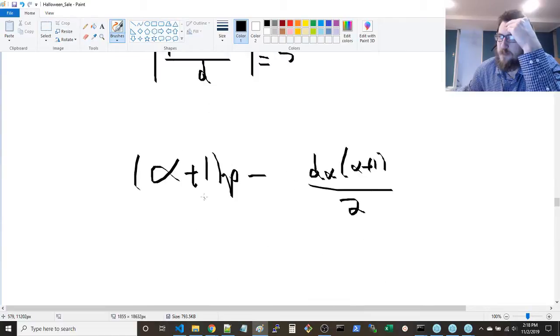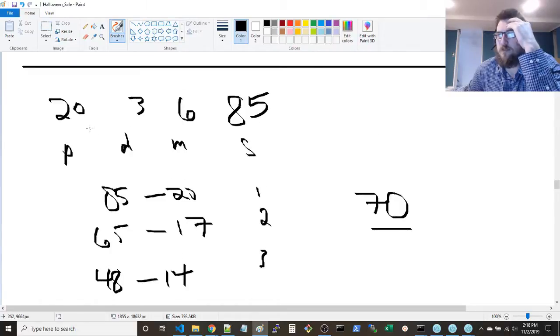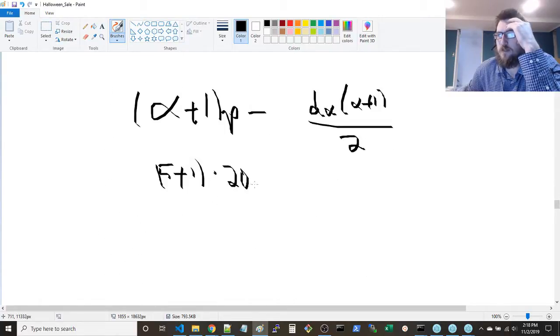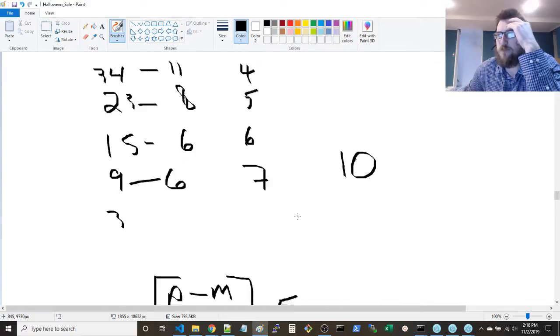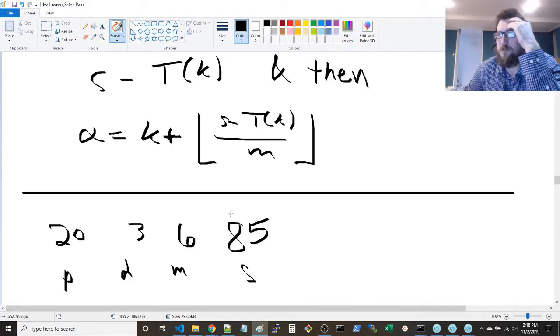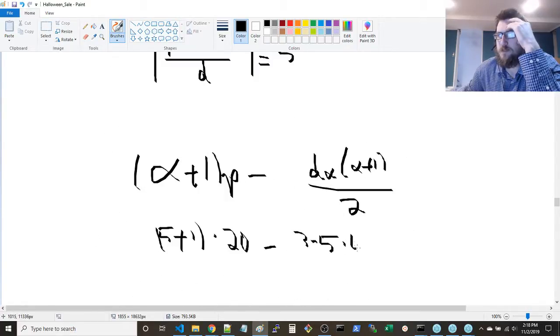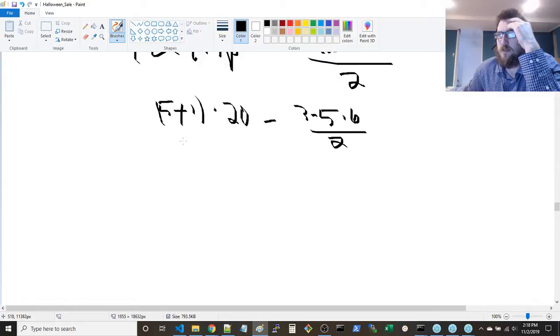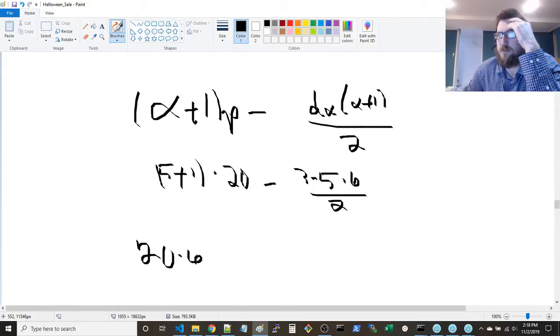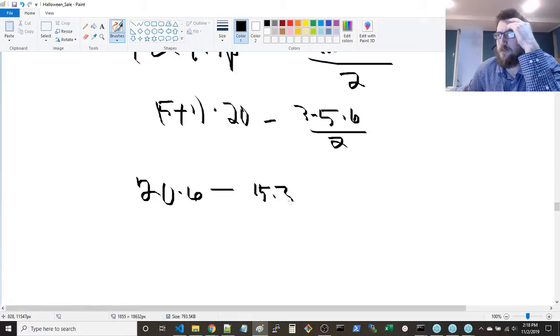So in this case, it's 5 plus 1 times p, which is 20, minus d, which is 3, times alpha, which is 5, times 6 over 2, which gives you 20 times 6 minus 15 by 3, which is 80, minus 45.